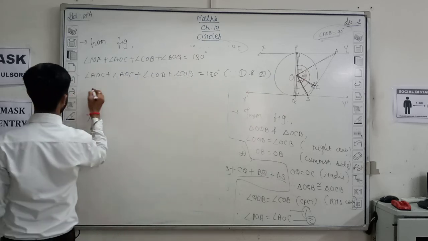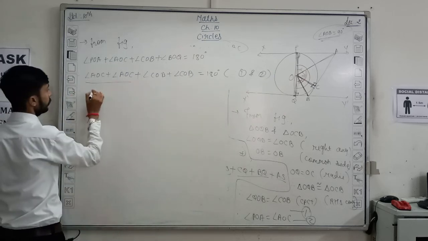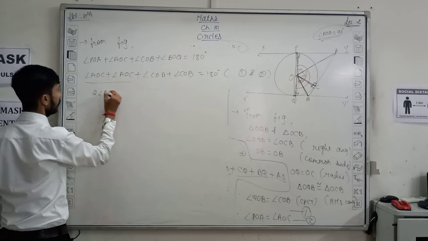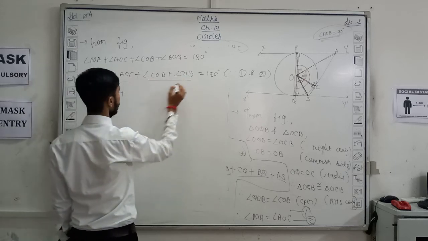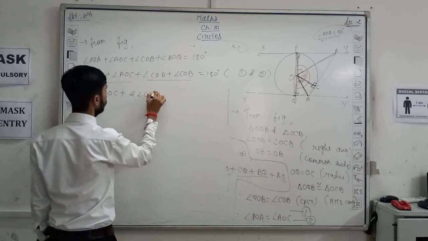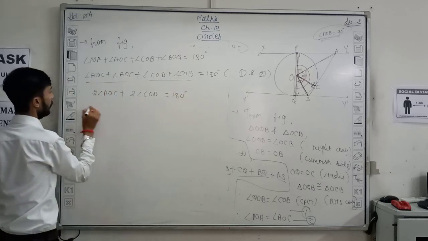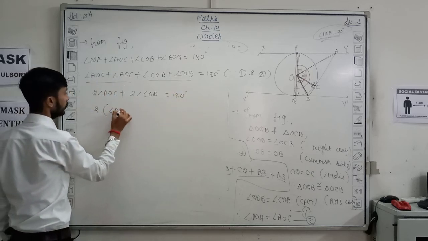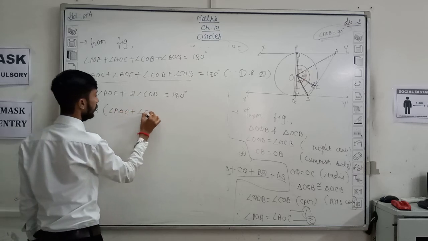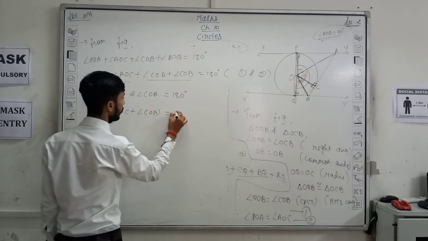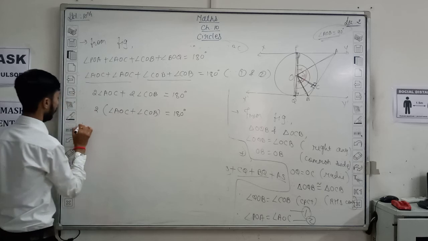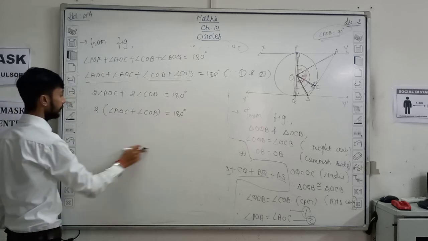Now AOC plus AOC, 2 angle AOC, COB plus COB, 2 angle COB equals to 180 degrees. So 2 common, angle AOC plus angle COB equals to 180 degrees. Therefore 2 goes to division, right?